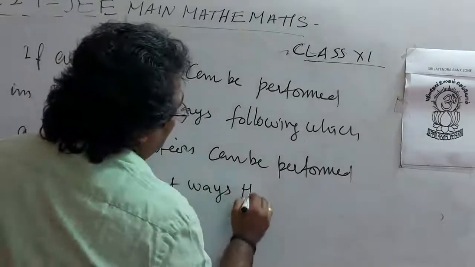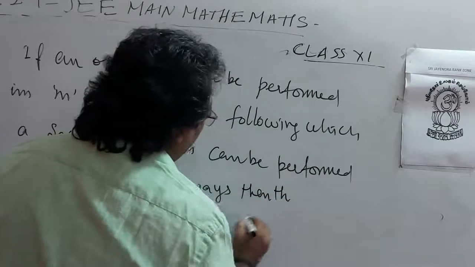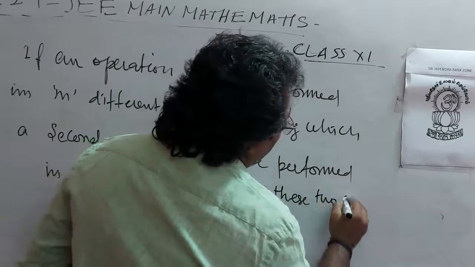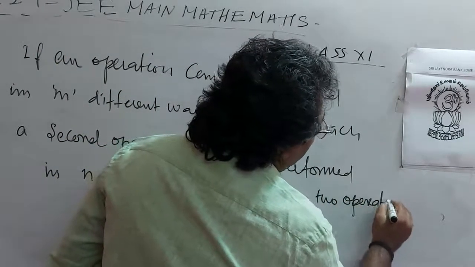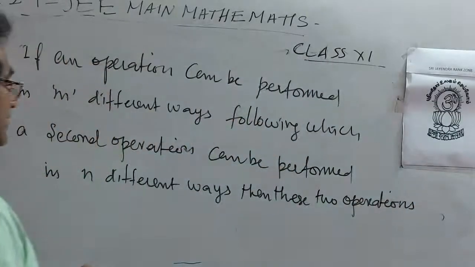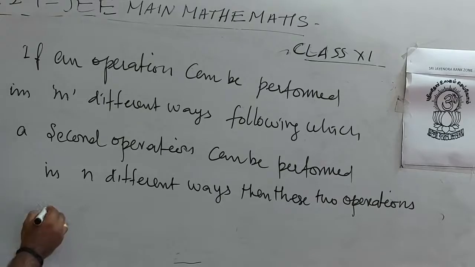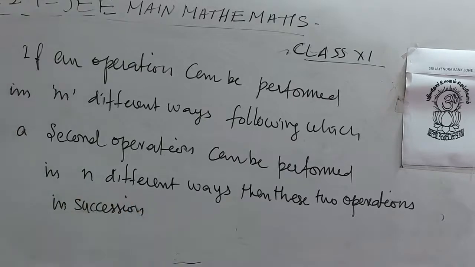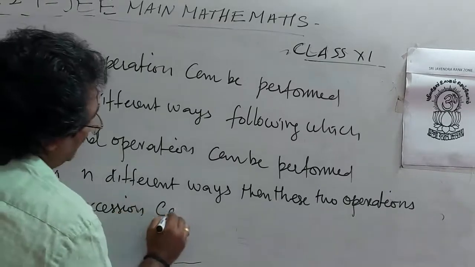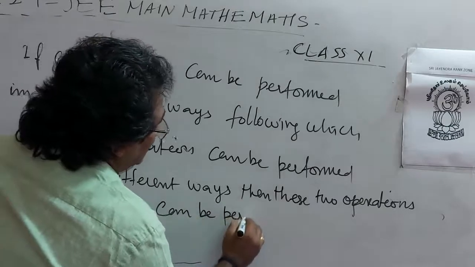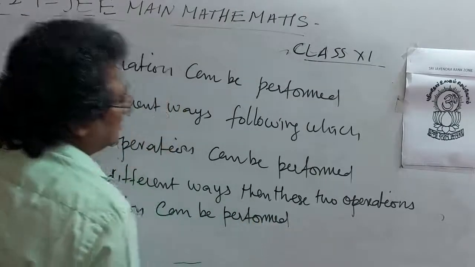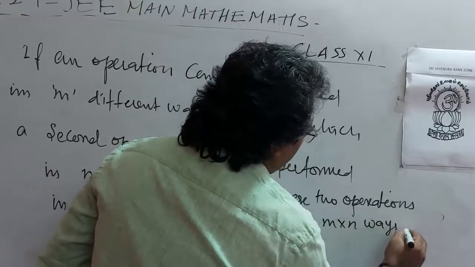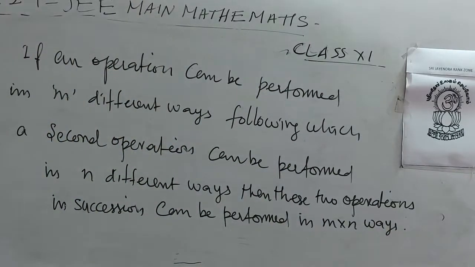Then these two operations in succession can be performed in m into n ways.